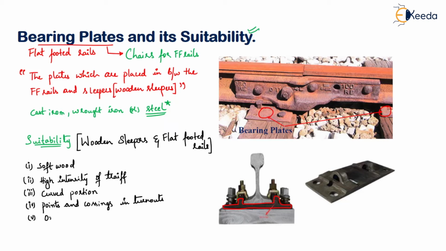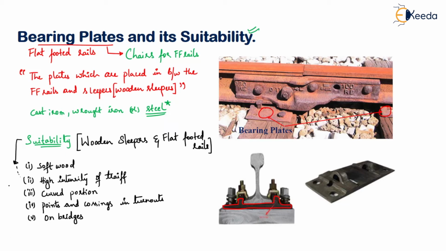And lastly, on bridges, if your railway track is passing through bridges, there also you need to use your bearing plates. So at all these places, when you have wooden sleeper along with flat-footed rail, you have to compulsorily provide the bearing plates. Understood?